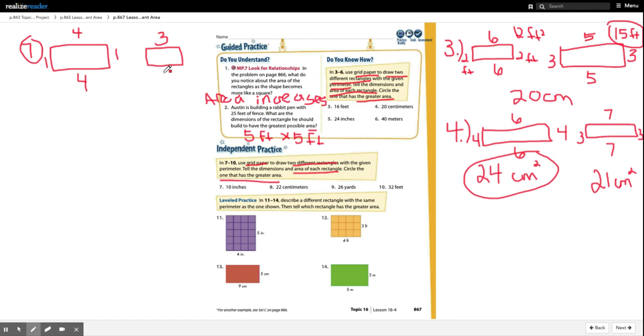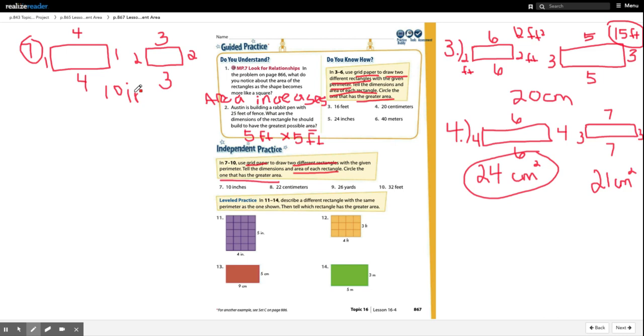If 3 is here and this side is equal, 3 plus 3, which gives us 6. Now, what other numbers do we need here to give us 10? If you're thinking 2 plus 2, that'll definitely give us the same perimeter of 10 inches.